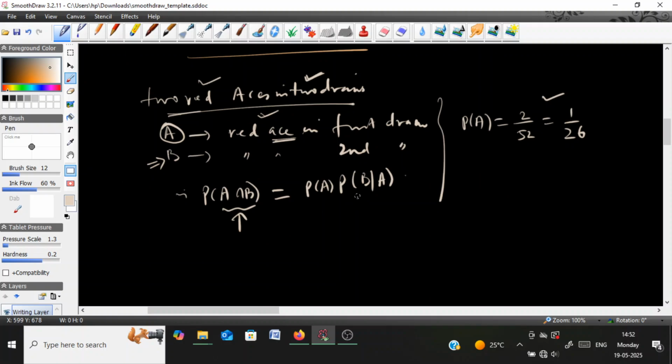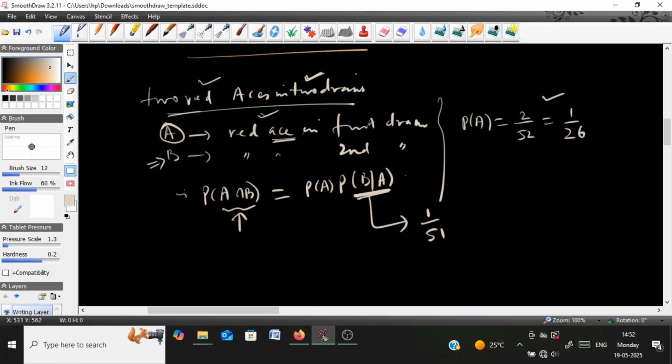And probability of B given event A. So if the event A has already occurred, it means in the first draw the card is a red ace. The probability of B given A will become 1 by 51. Okay, because in the first draw you have 52 cards and there are two red aces.